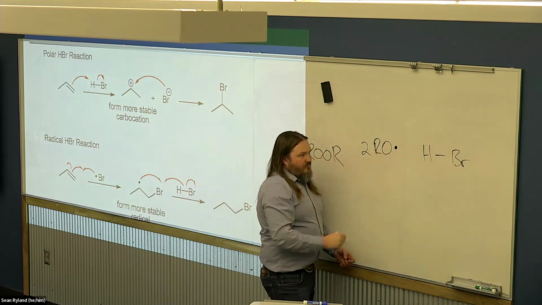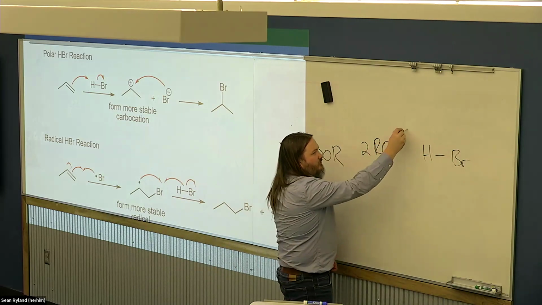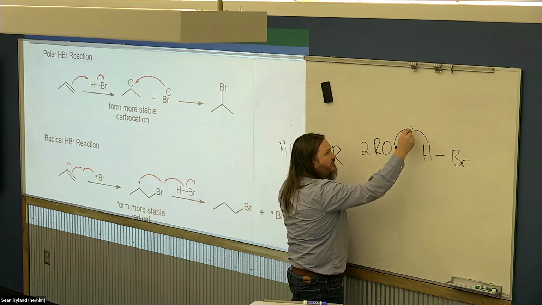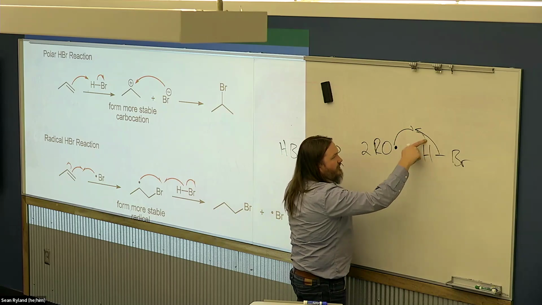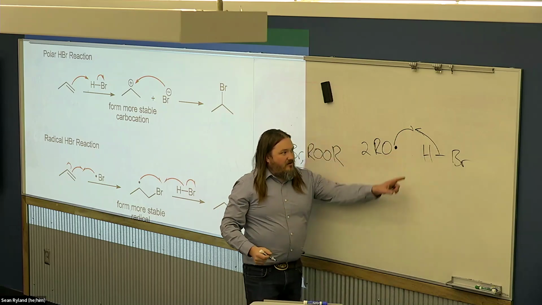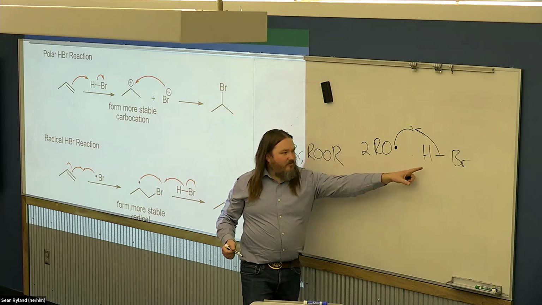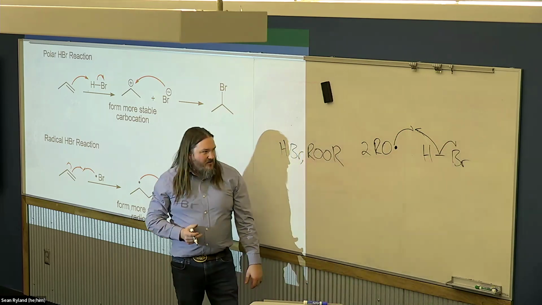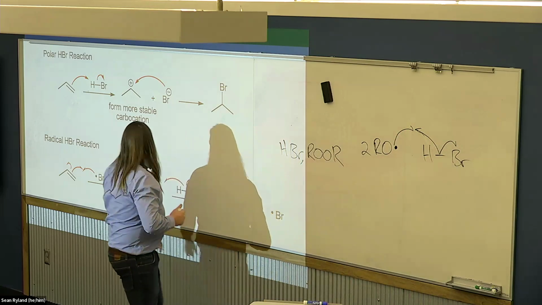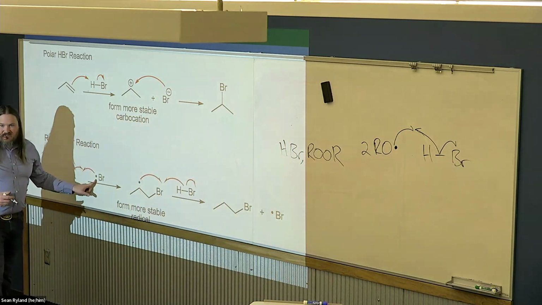But basically one electron would come over here, and you would wind up stealing one electron from this bond to make an alcohol, but then that leaves one electron of that bond with the bromine, and so you make a bromine radical as a result.